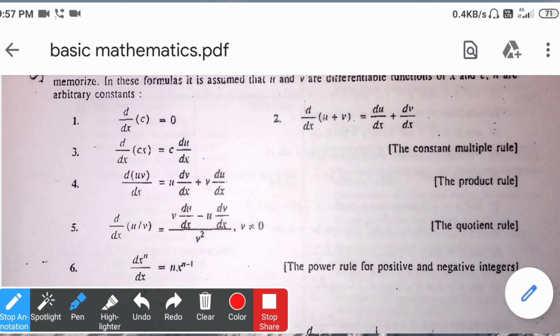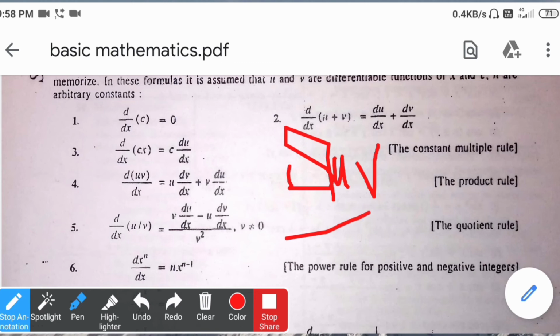So for the UV rule of multiplication, the formula is such that first we will take the first function u as a constant and derivatize the other function v. So here there are the two functions u and v.